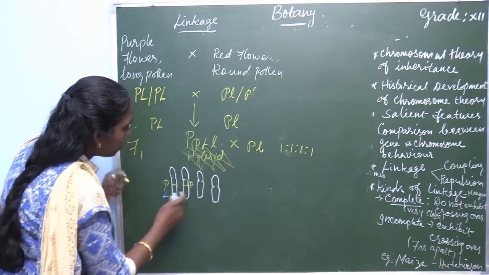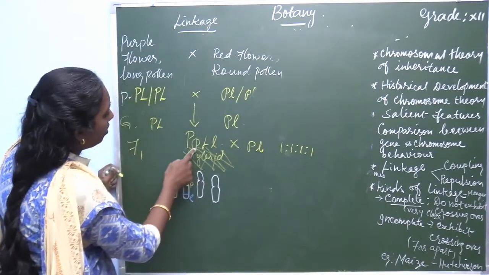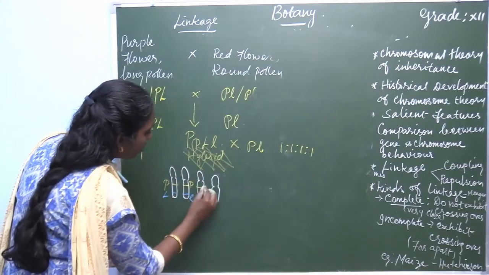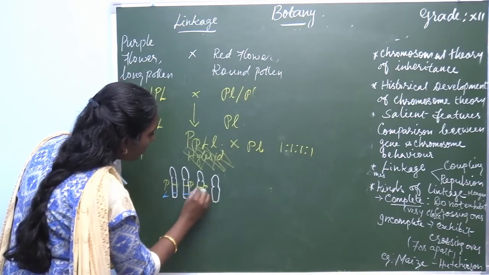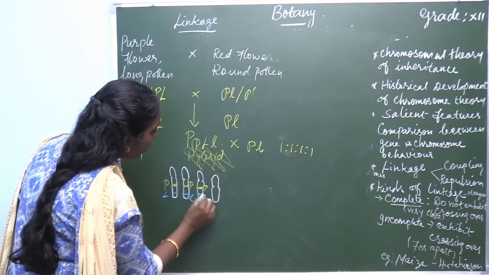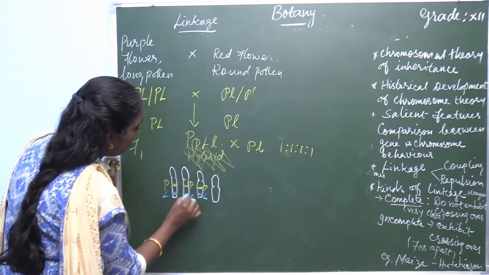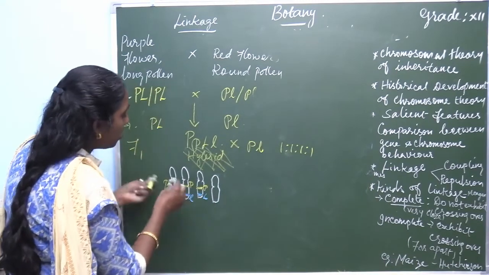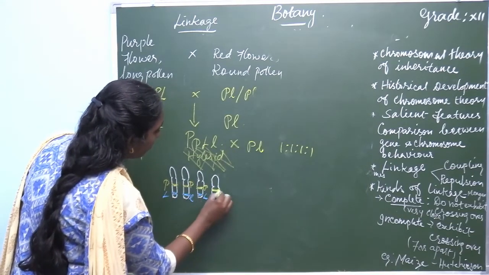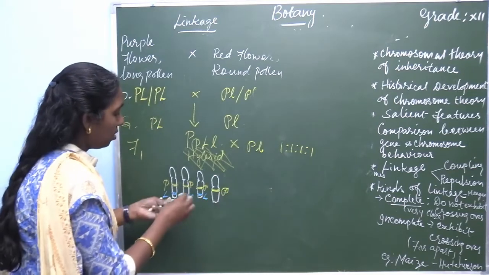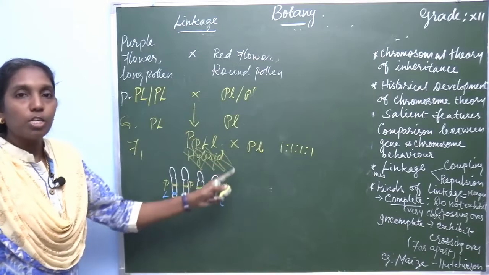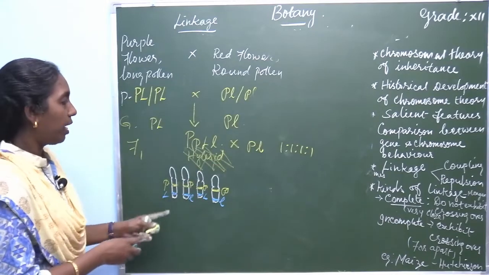Then small p, capital L. Then small p, small l. Possible gametes are 4 possible gametes.